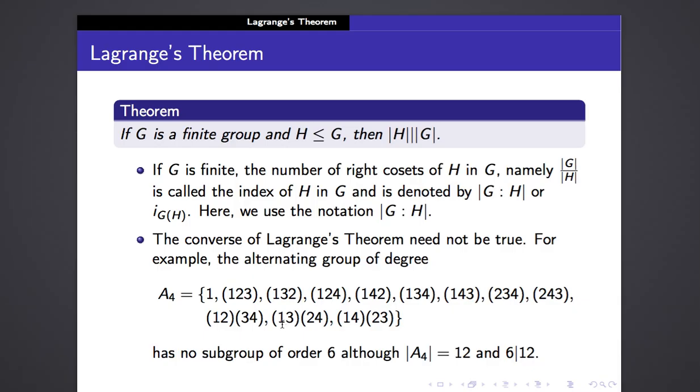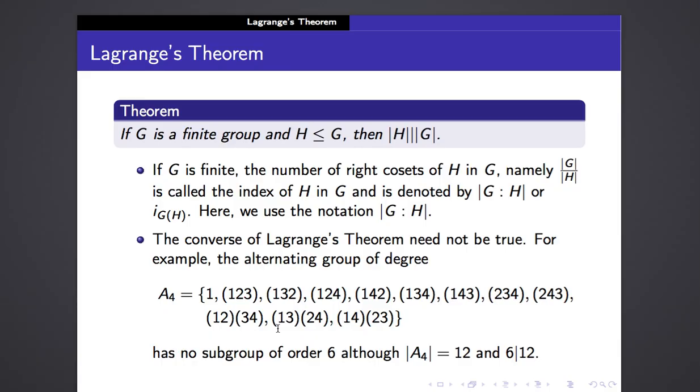We have a nice formula for the order of an alternating group, right? The order of a symmetric group S sub n is n factorial, right? And there are exactly the same number of odd permutations and even permutations.